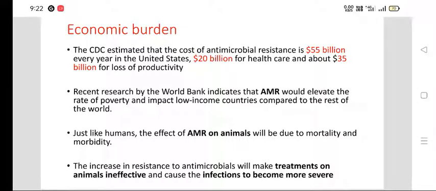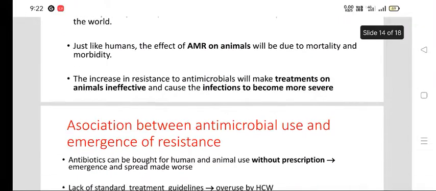Not only humans, but it will also affect animals. The effect on animals will be due to mortality and morbidity. Increased resistance to antimicrobials will make treatment of animals ineffective and cause infections to become more severe.